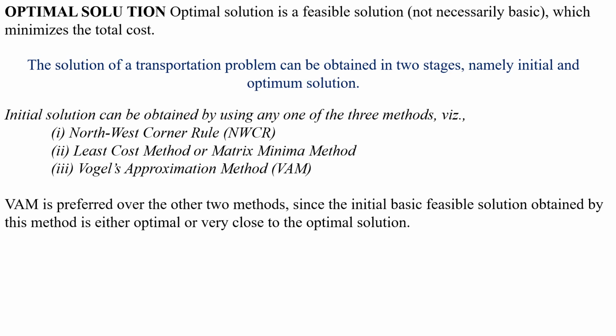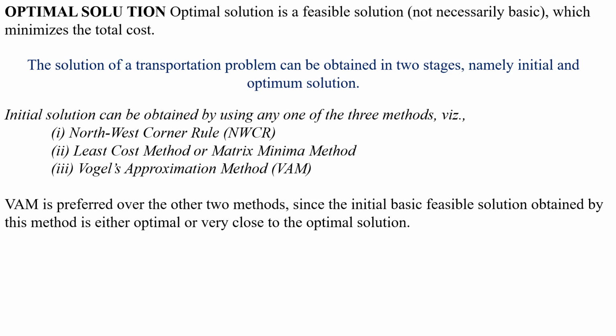The initial solution can be obtained by the following three methods: the northwest corner rule, the least cost method, and Vogel's approximation method. In general, VAM, Vogel's approximation method, is preferred among the other two methods because VAM provides an initial basic feasible solution which is very close to the optimal solution.